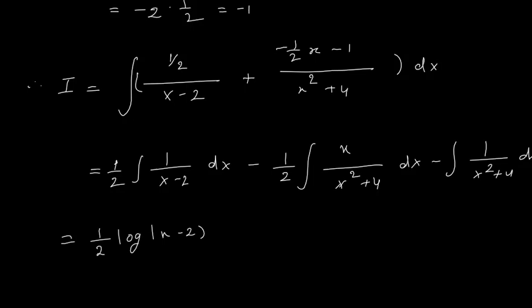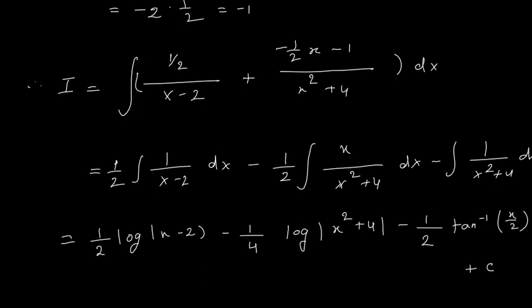The integration of minus half x upon x square plus 4: we multiply and divide by 2 so that the numerator becomes the derivative of the denominator. So it is minus 1 upon 4 log of x square plus 4, and here I have minus, this is 1 upon x square plus a square, so it is 1 upon a, that is 1 upon 2 tan inverse x upon a, that is x upon 2, plus c, the constant of integration.